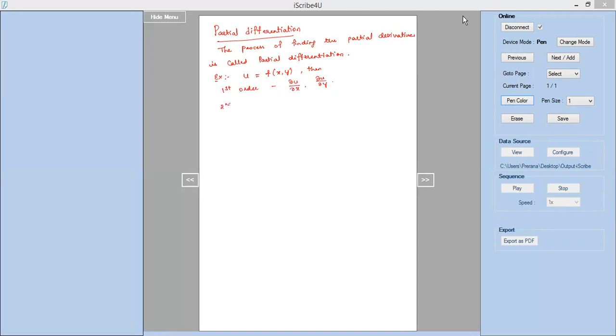Similarly, the second order partial derivatives are denoted by dou square u by dou x dou y, dou square u by dou x square, dou square u by dou y square. So these are the partial derivatives that we can write for u as a function of x and y.